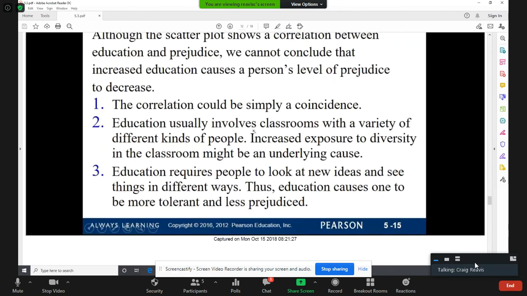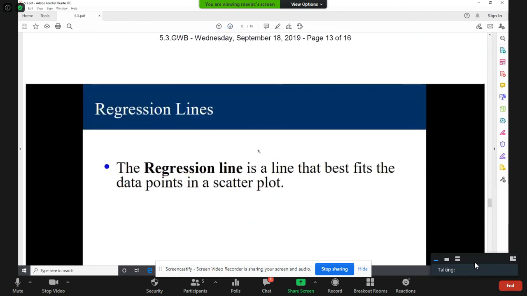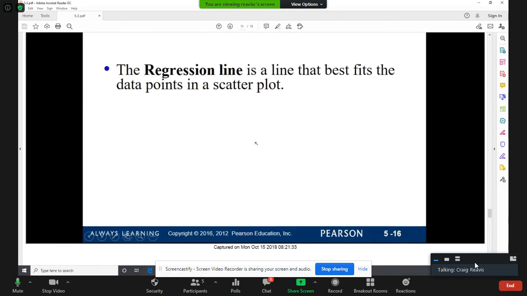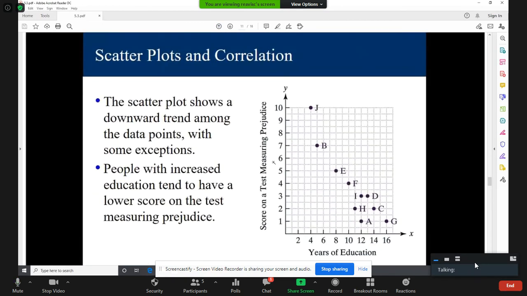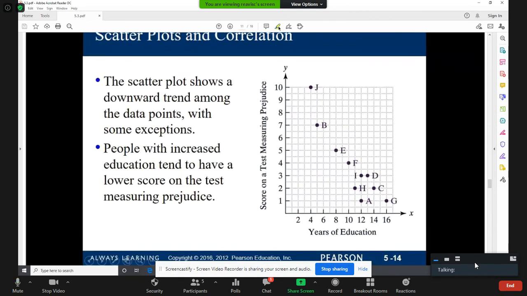A regression line is a line of best fit. So if I wanted to draw a line here, I could draw a line that would be closest to all of them. So I could draw a line kind of like that right there. That would sort of be in the middle of them, and then I could use this line to create data, but that's called a line of best fit.